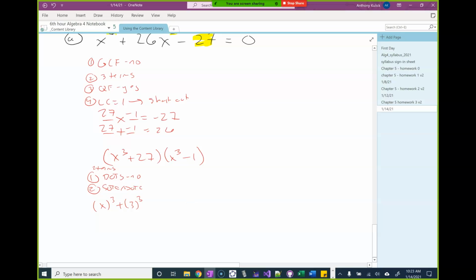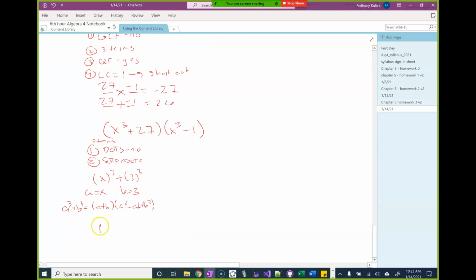When I apply my sum of 2 cubes factoring pattern, I get x plus 3, x squared minus 3x plus 9. And similarly here, also a difference of 2 cubes, where a is x and b is 1.